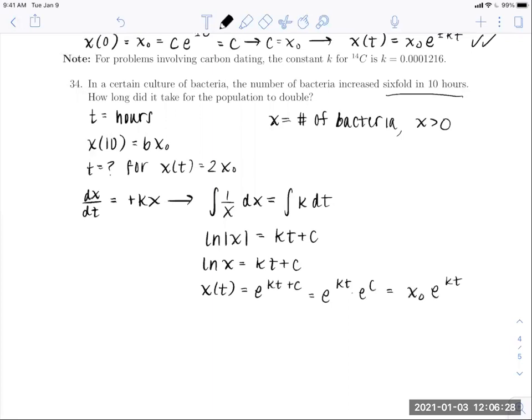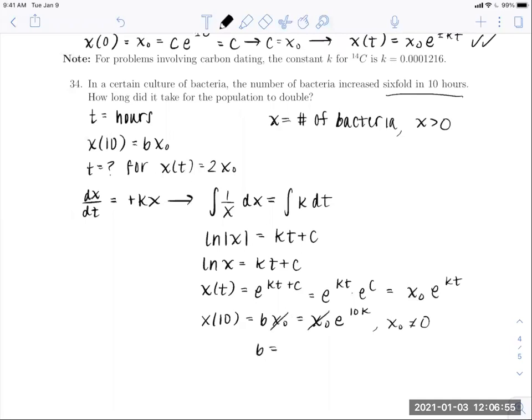All right, so now I'm going to use my initial condition here. And it says that when t is 10, I get 6 times the initial population. So that's x naught e to the 10k. Since we can't start with 0 bacteria, otherwise it wouldn't grow, I know that x naught is non-zero, so I can divide both sides by it.